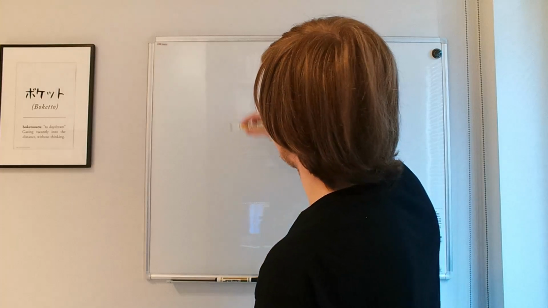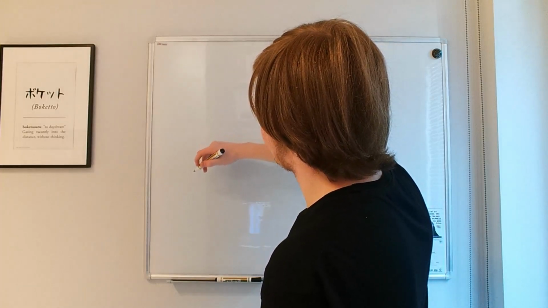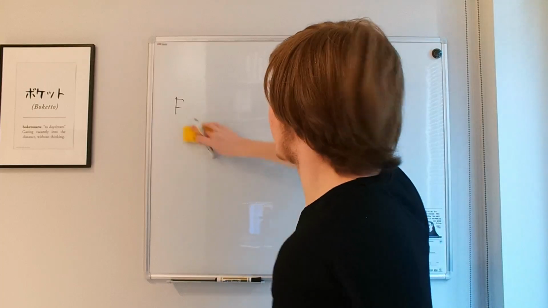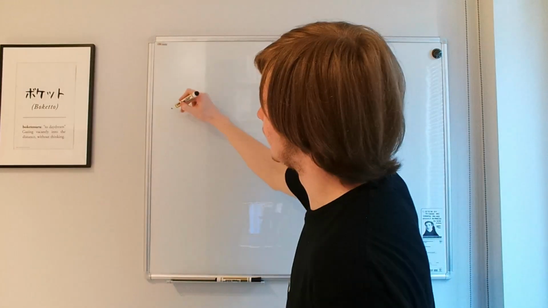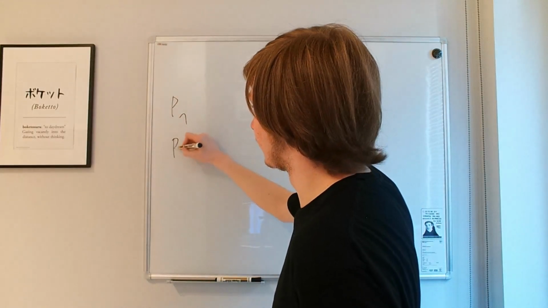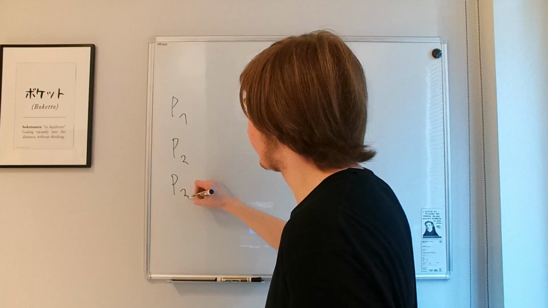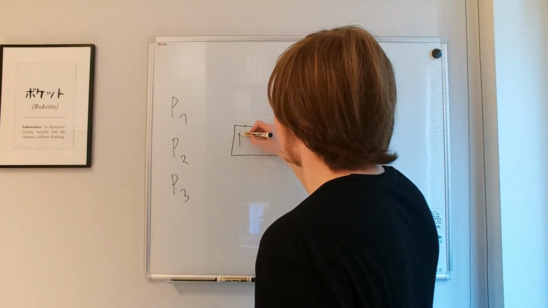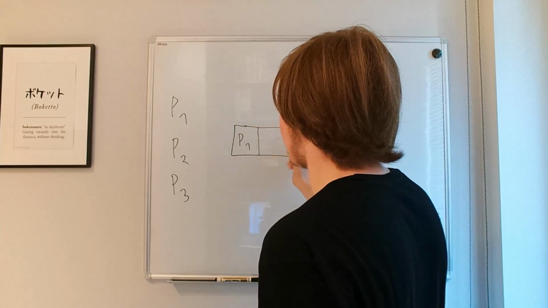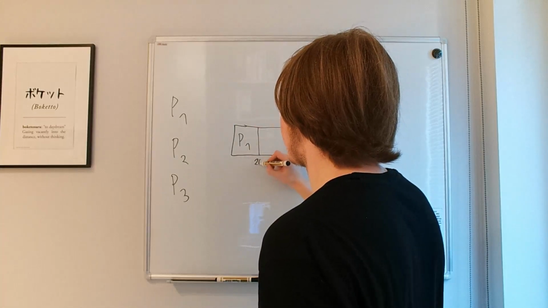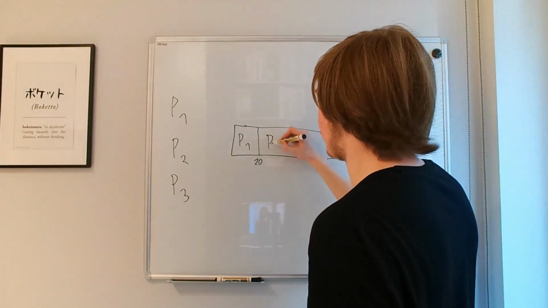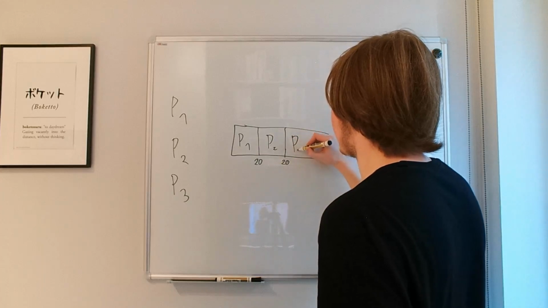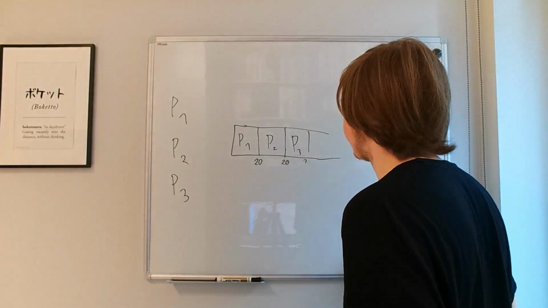So if I have some processes, P1, P2, and P3, then the idea is that I would give P1, let's say, 20 nanoseconds, and then I would give P2 20 nanoseconds, P3 20 nanoseconds.